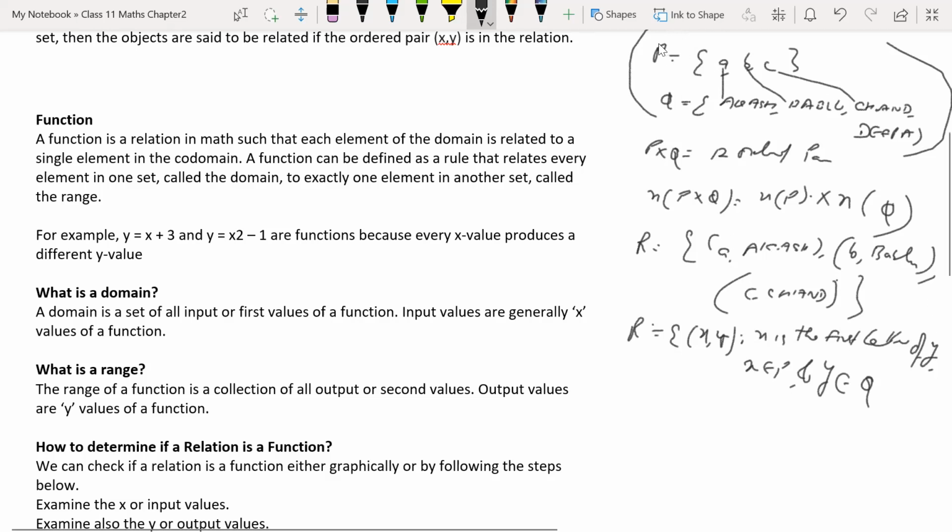The Cartesian product would have 4 into 3, that is 12 different ordered pairs. We can say 12 pairs, but here there are only 3 pairs. So we can state that a relation is a subset of the Cartesian product of set 1 and set 2. By this definition, we can sort this out. It must be from a non-empty set A to a non-empty set B.